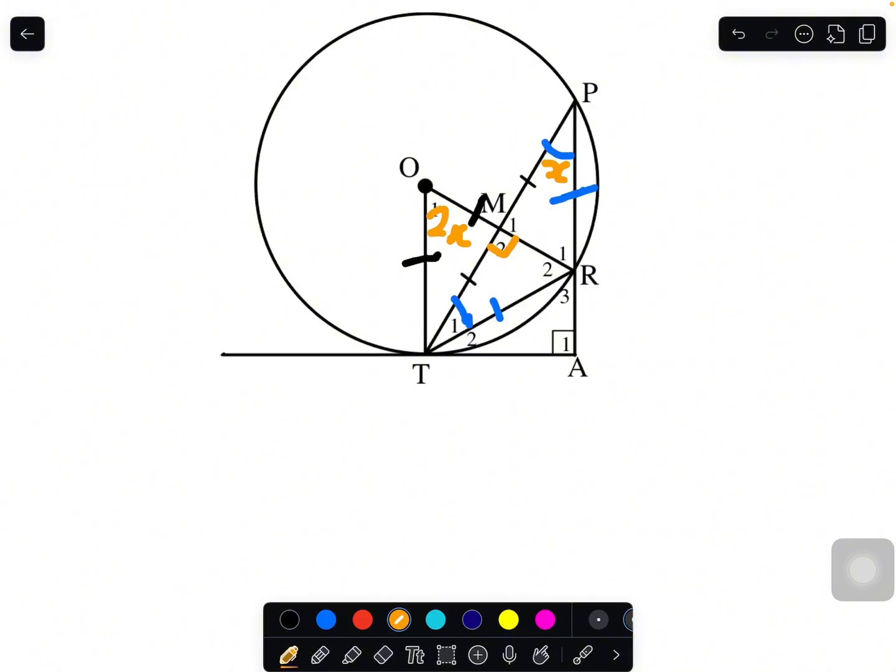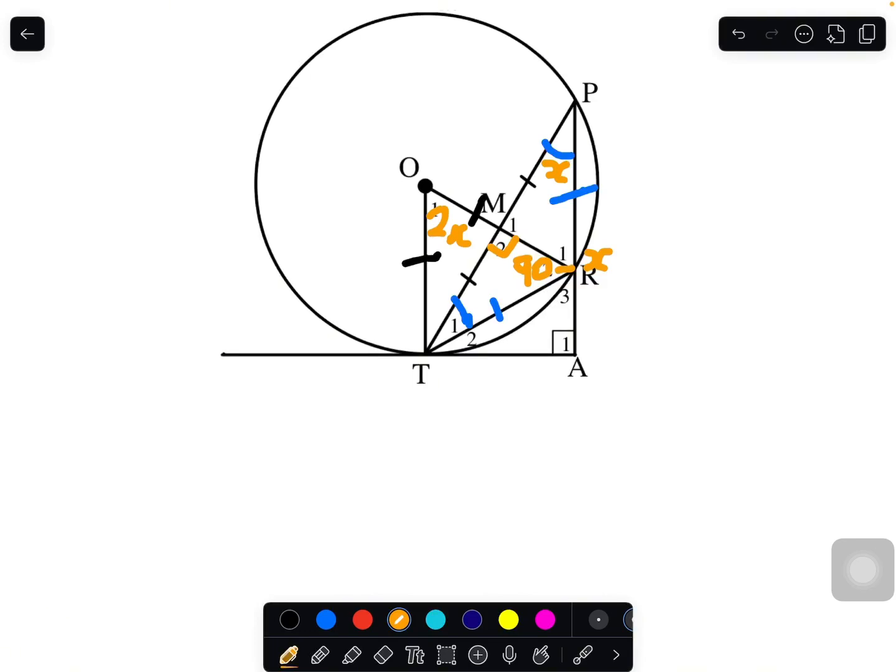This angle right here, R2, equals this entire angle here of the triangle, and if you worked it out, you'd see that this angle right here would be 90 minus x.